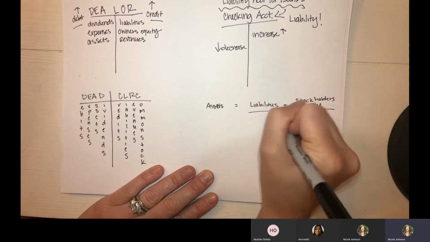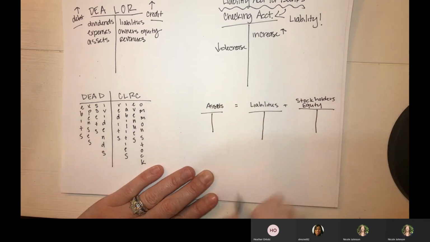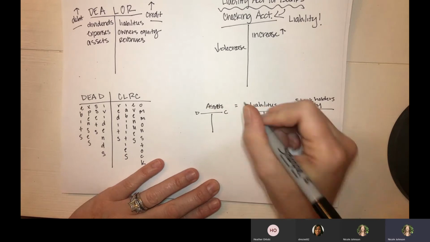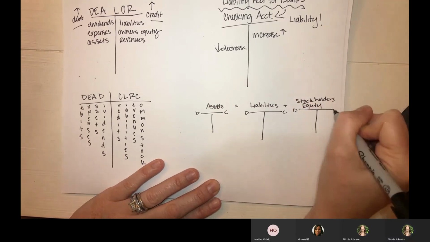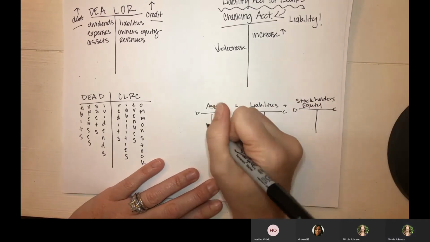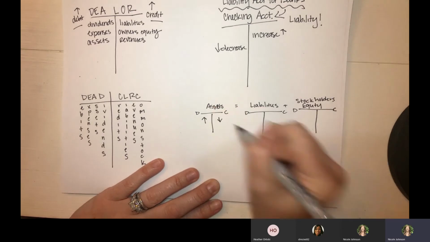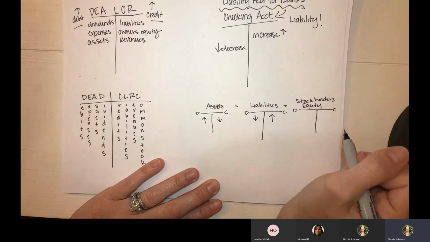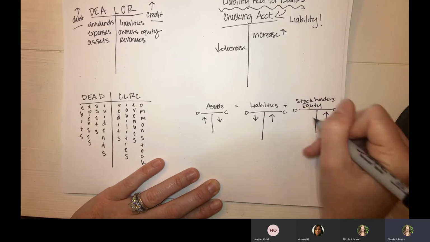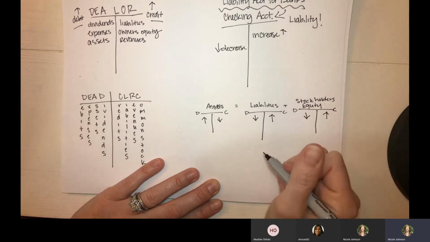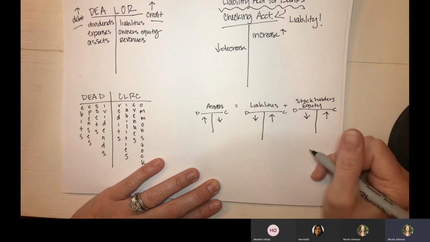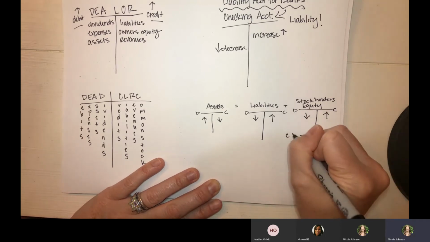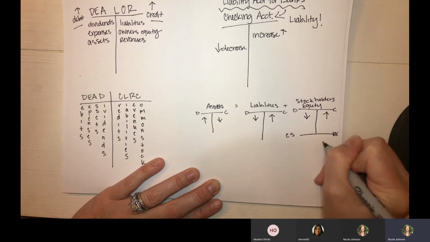And something else you can do for your own notes is debit on the left, credit on the right. Assets increase with a debit, decrease with a credit. Liabilities increase with a credit, decrease with a debit. And stockholders' equity increases with a credit, decreases with a debit. Stockholders' equity is made up of common stock and retained earnings.